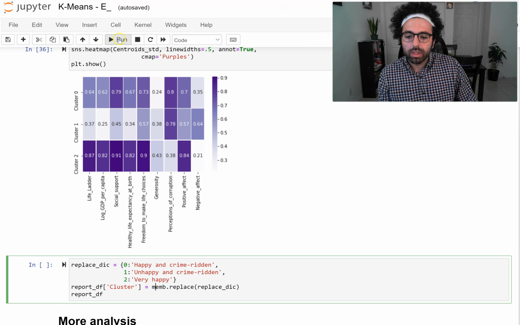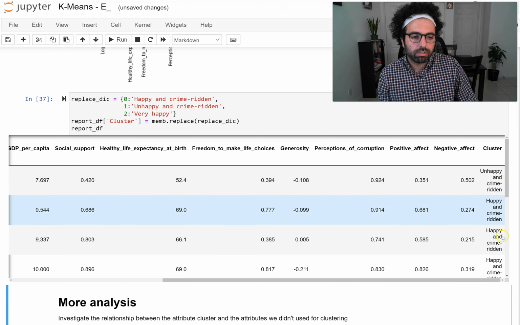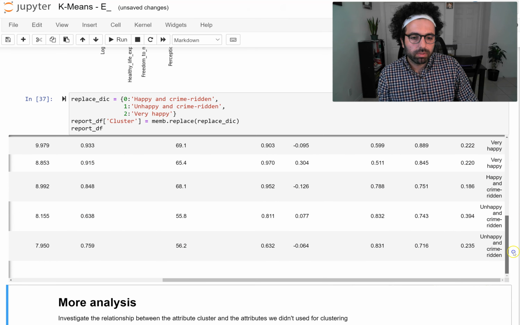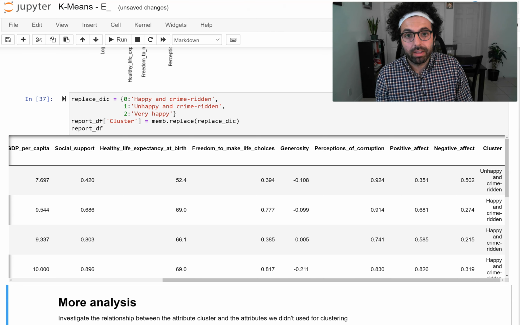So we replace those numbers 0, 1, 2 using this replace function, and we create a new column in our data. We call it cluster, right? So these are the clusters of all of these data objects. Once we did this, we could do more analysis.